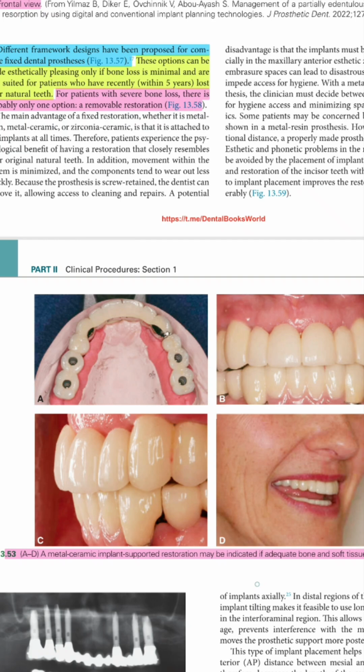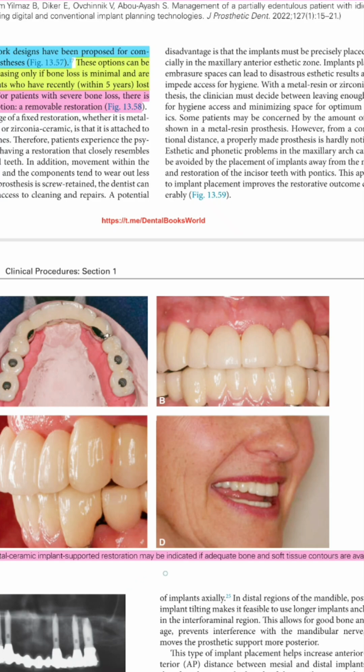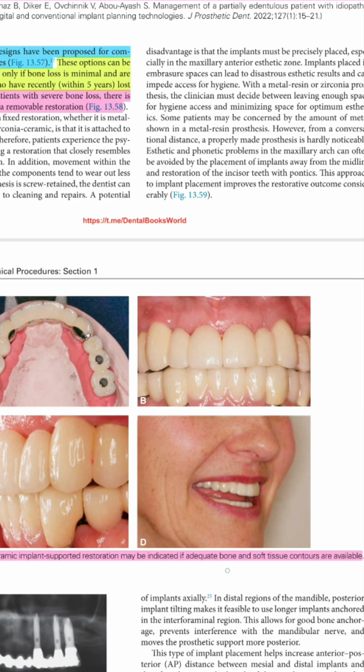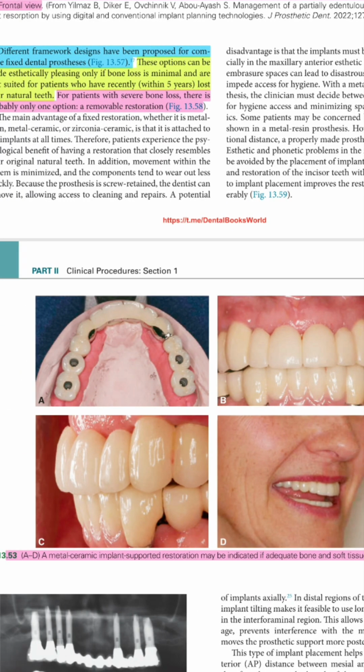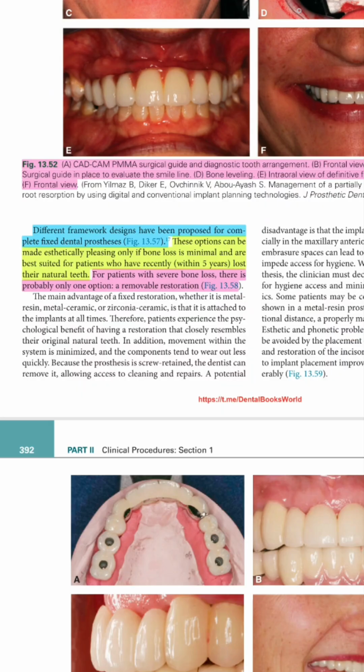In this case, we used a metal ceramic supported restoration or denture. It is indicated if adequate bone and soft tissue contours are available, because it is considered heavy in weight.